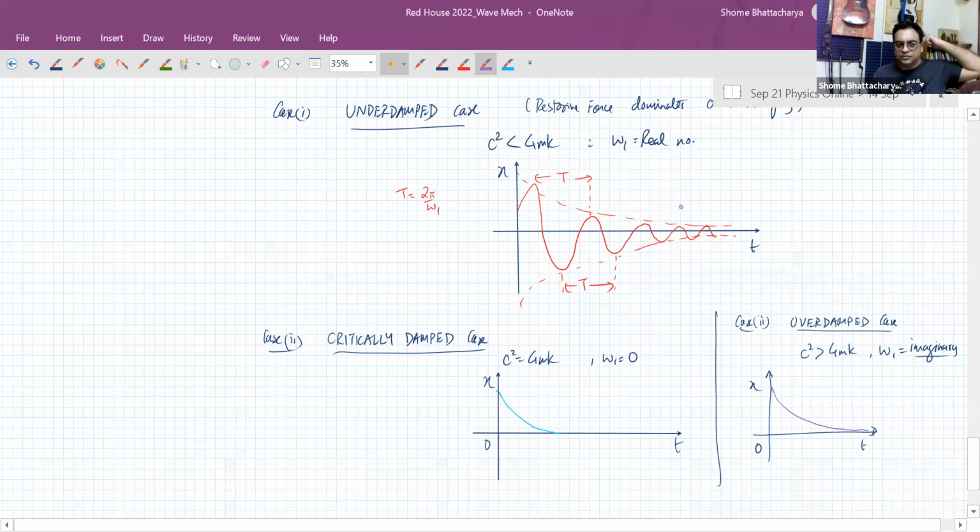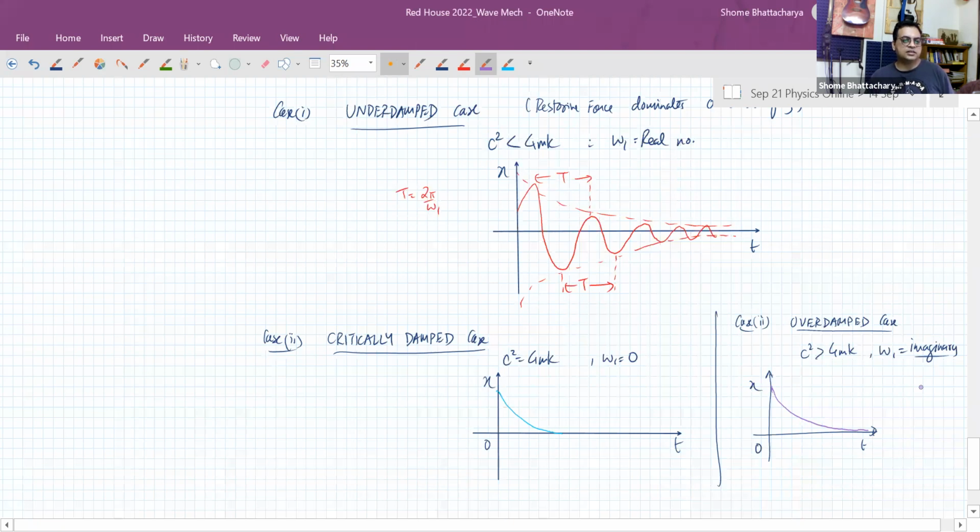So there's hardly much difference between the critically damped and the overdamped situation, because even though the overdamped graph seems to suggest that it goes on for infinity, remember these exponential decay graphs, for practical purposes, approach zero very soon. This value of x becomes so small that it becomes negligible after a bit of time.